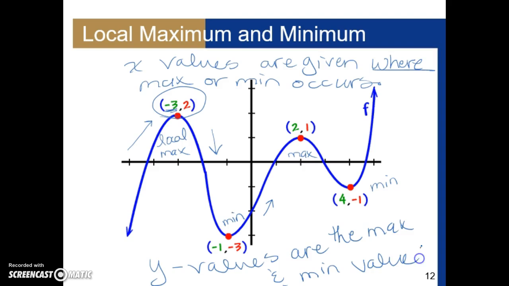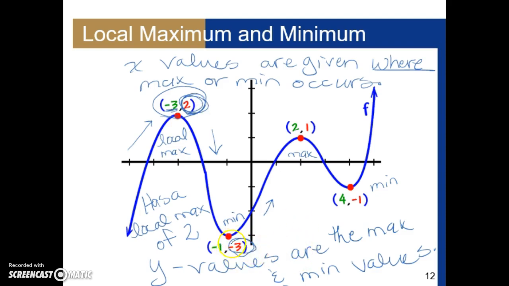So if I gave you the graph of this function and I said, what's happening at x equals -3, you would tell me that this function has a local max of +2. So the Y value is the value of the maximum or the minimum.